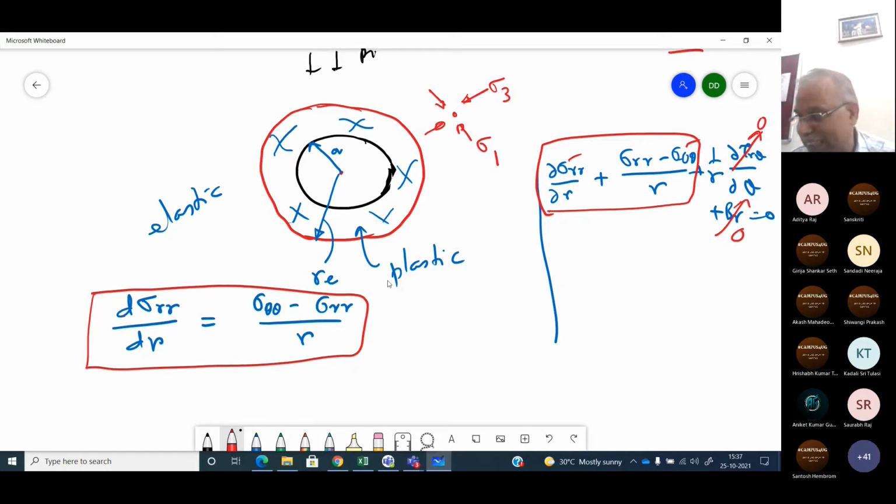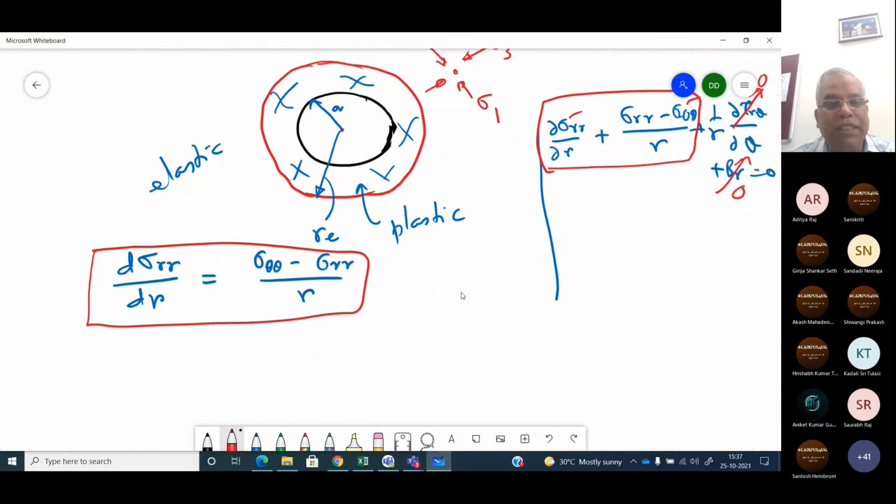So this is coming directly from the stress equilibrium equation. Now this is the basis of the development of this equation. Here Mohr Coulomb has already told us that sigma theta theta has a limit. And what is that limit?